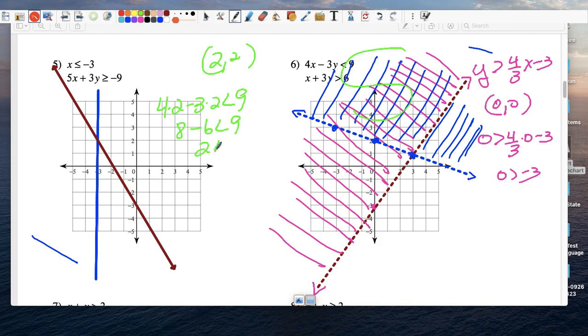And you'll notice that that is indeed less than 9. So the first inequality is true. The second one, 2 plus 3 times 2 is greater than 6. 2 plus 6 is greater than 6. 8 is greater than 6. So this point that I picked, 2 and 2, worked for inequality 1, and it worked for inequality 2.